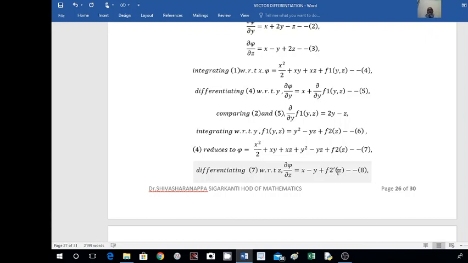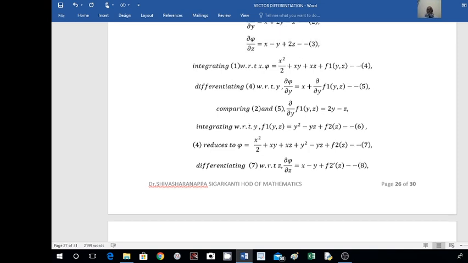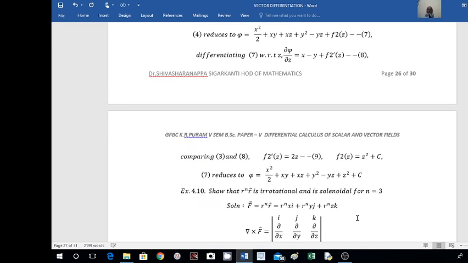Now 8 and 3 are nothing but dou pi by dou z. The LHS are same, therefore the RHS must also be same. Now if we compare 3 and 8 here, we have x minus y plus 2z. Here we have x minus y plus f2 dash z. What this implies here is f2 dash of z is equal to 2z.